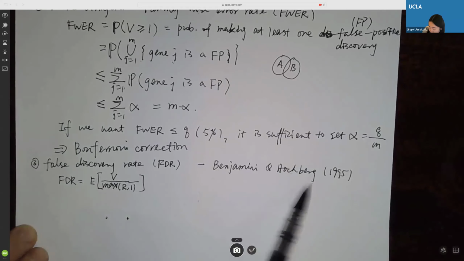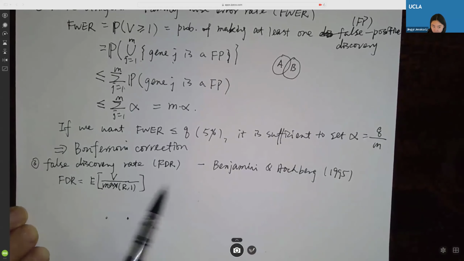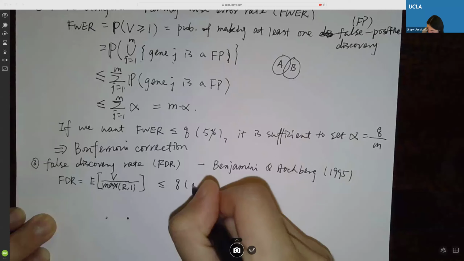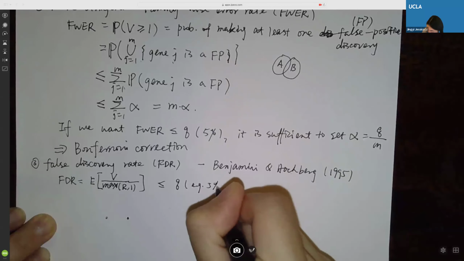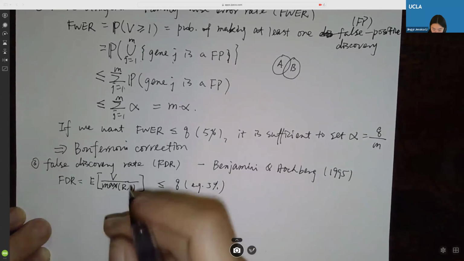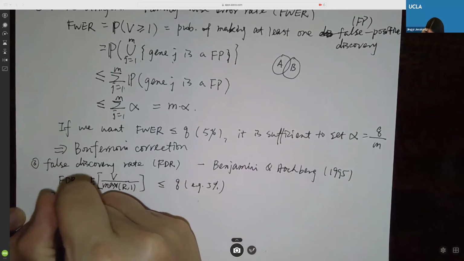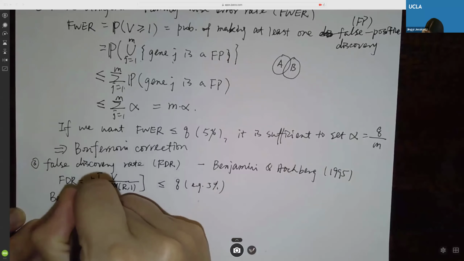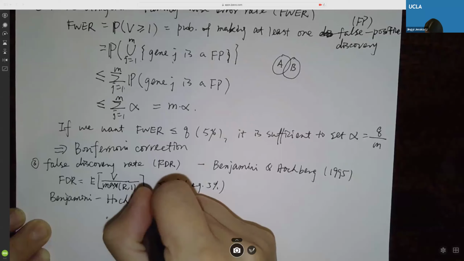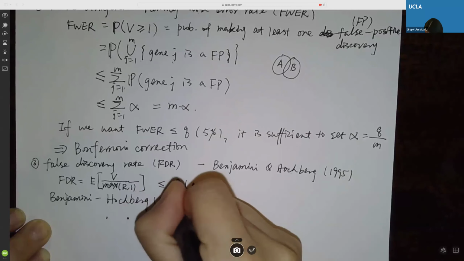Thanks to the authors' names, the procedure for controlling FDR under a level Q, for example 5%, is called the Benjamini-Hochberg, or BH, procedure.